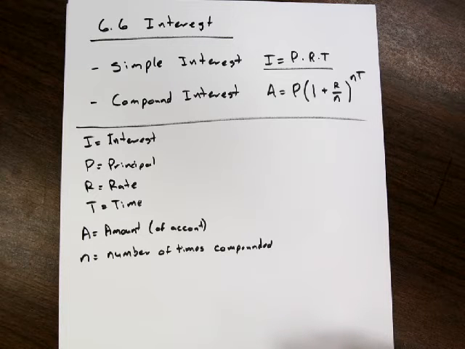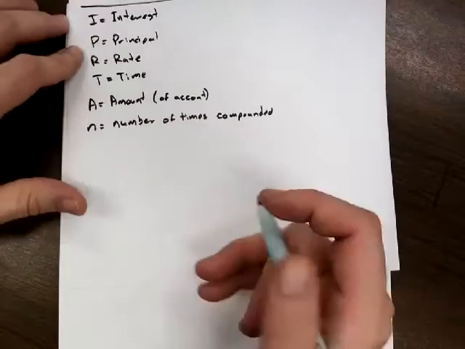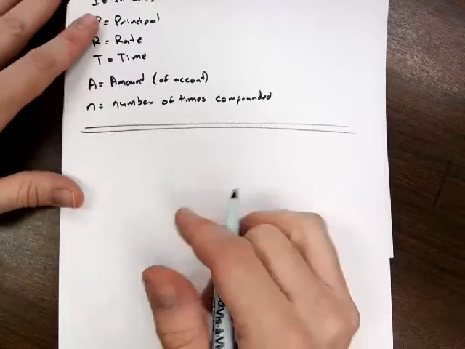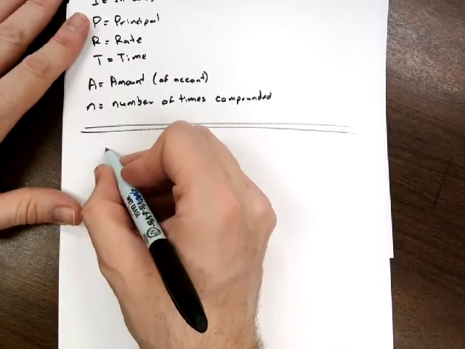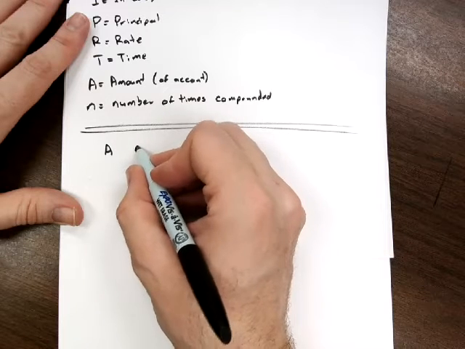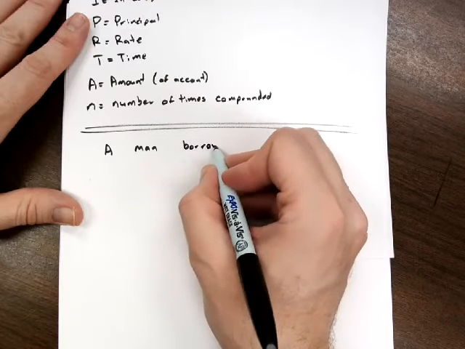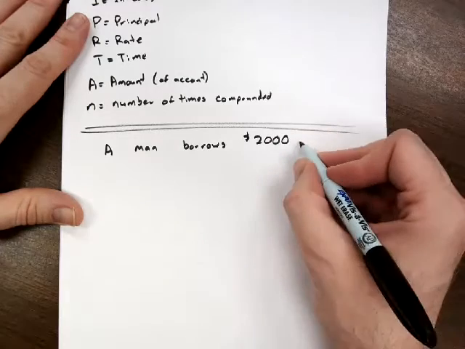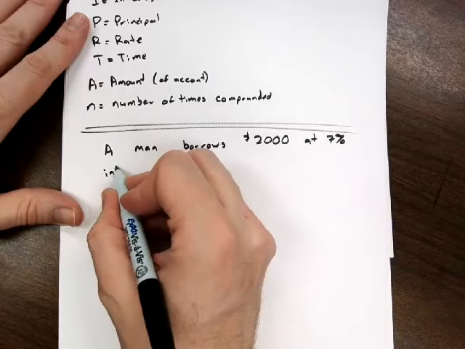Let's say that a man borrows $2,000 at 7% interest per year.